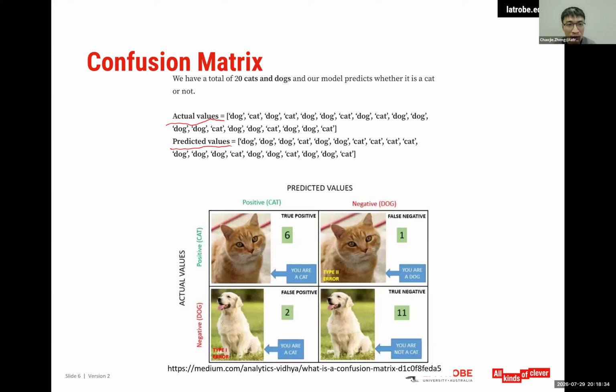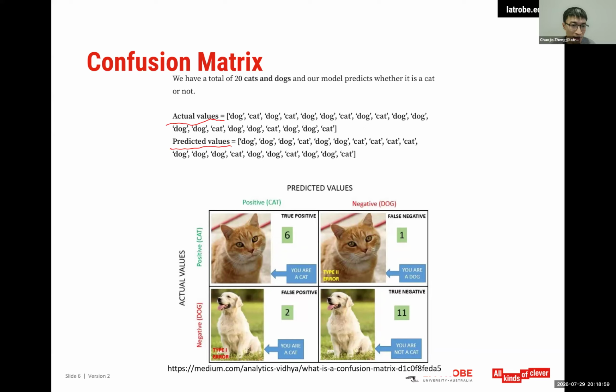So we can compare the true label and the prediction and count the case numbers for each situation and put the count numbers into the confusion matrix as different cells representing true positive, false negative, false positive, and so on.